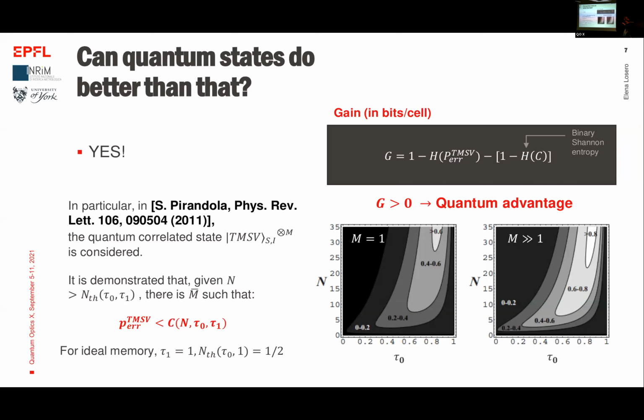And the important thing is that this gain has a maximum value of 1, which corresponds to the case where the quantum strategy can recover the bit of information while the classical strategy completely fails. And every time that we have a gain which is bigger than 1, we have a quantum advantage. And here they show that this is the case while using the two-mode squeezed vacuum state, even if they don't propose any concrete strategy, neither a precise receiver. So it's something very theoretical, but not experimentally realizable.